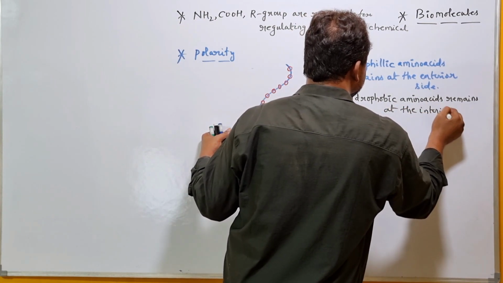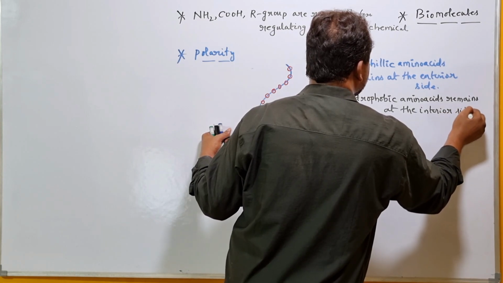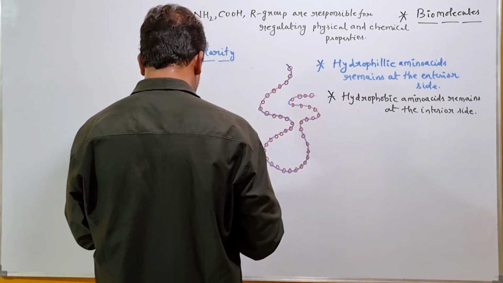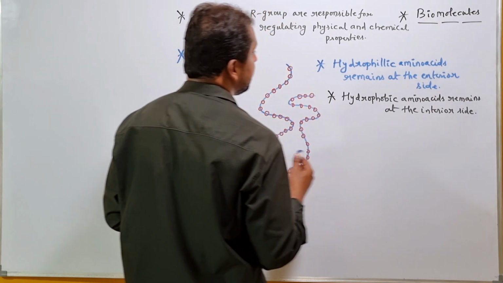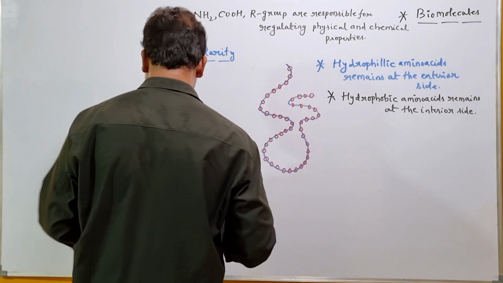And in addition to this, let me give you one more common example in order to understand how these specific groups are responsible for regulating the physical properties as well as the chemical properties of the amino acids.